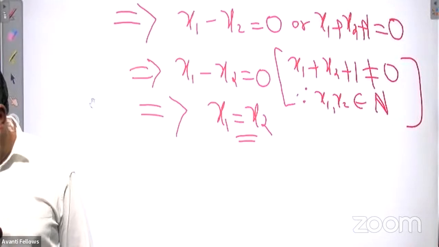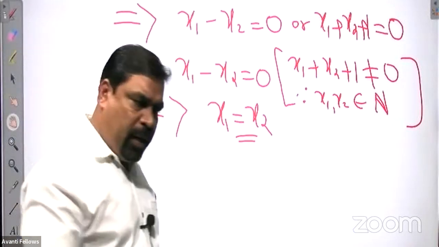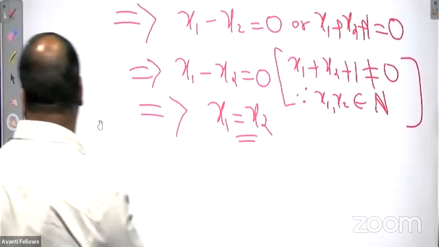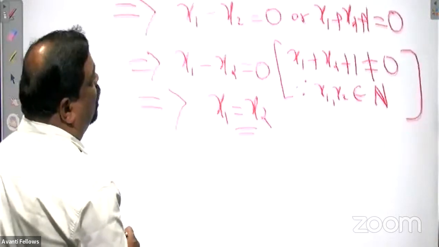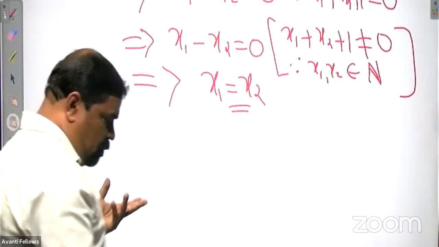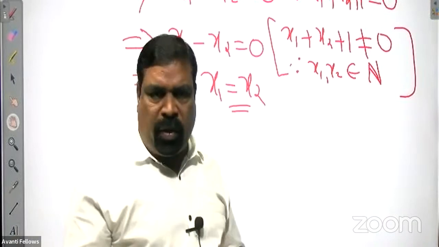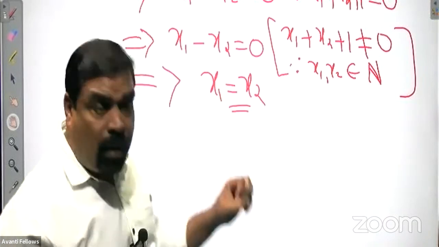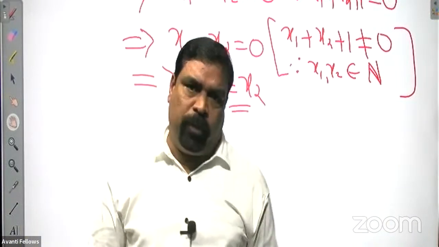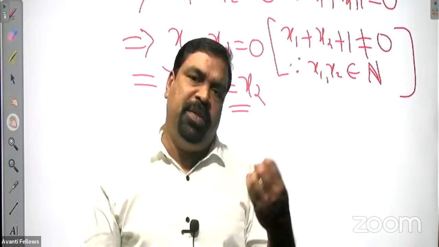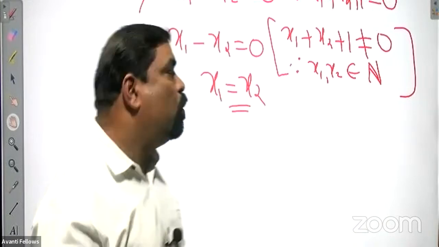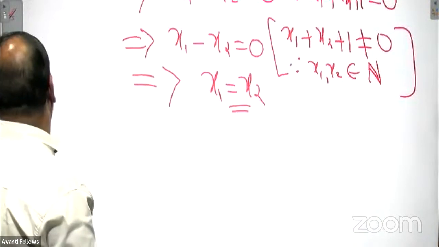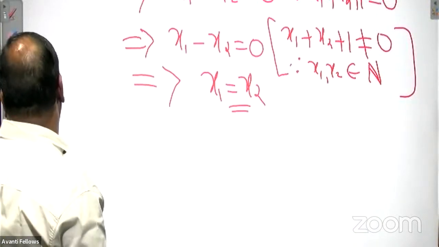Okay. So one-one is over. Now we have to verify whether it is onto or not. Actually, it is given in the question itself: prove that it is not onto. So how can we easily prove that it is not onto?